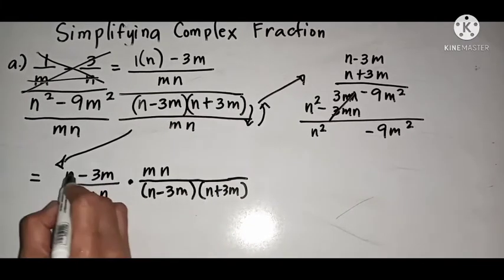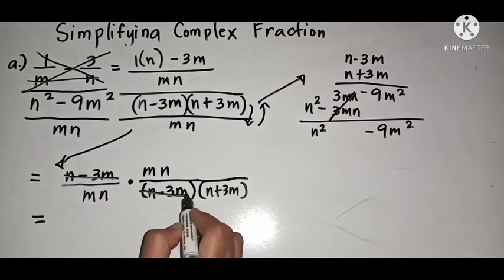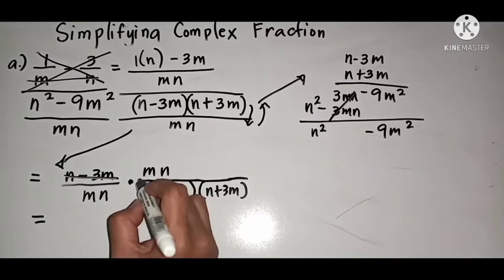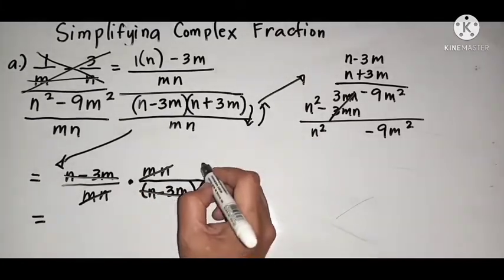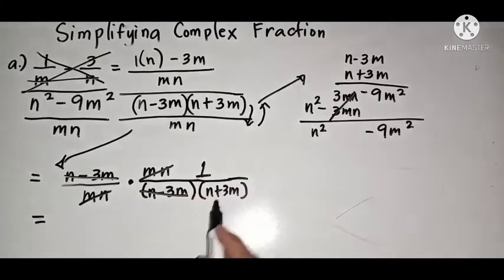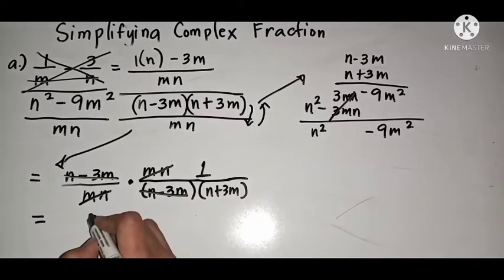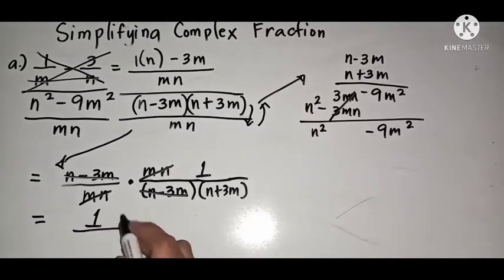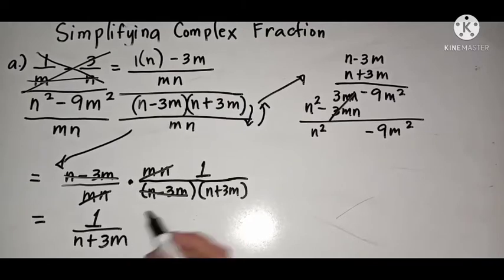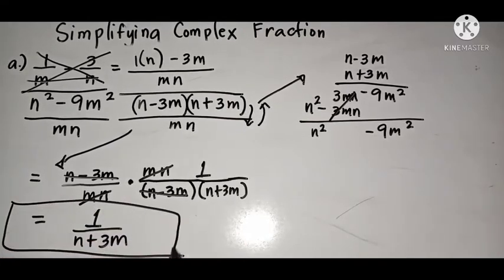If there are common factors, you can just cancel when it is being divided by itself. Okay, then copy the remaining expression. This is now the final answer.